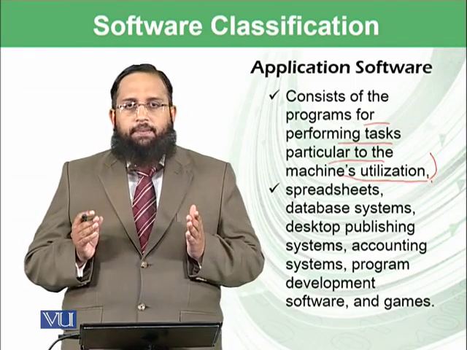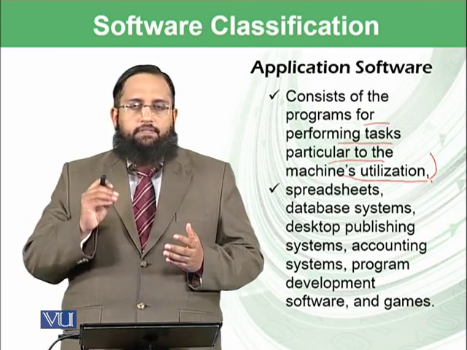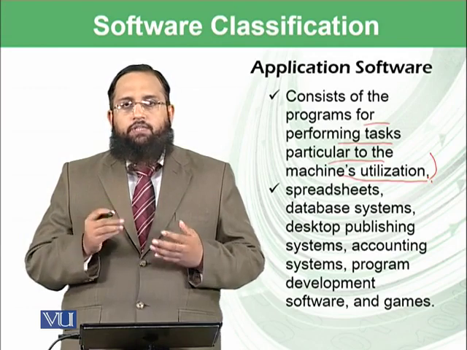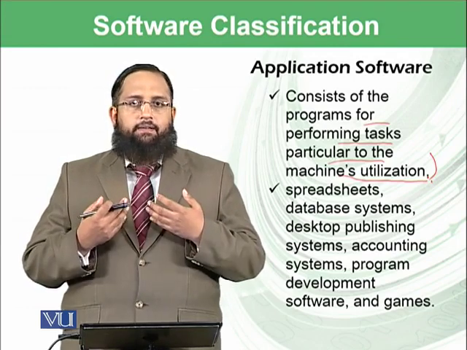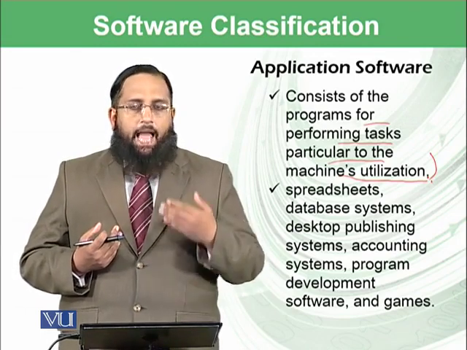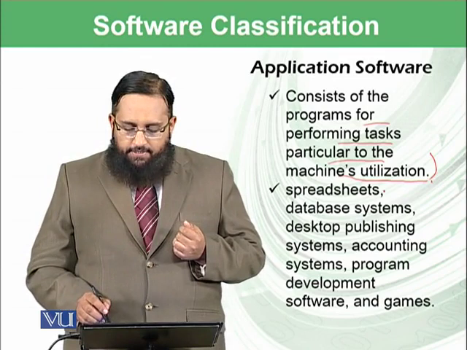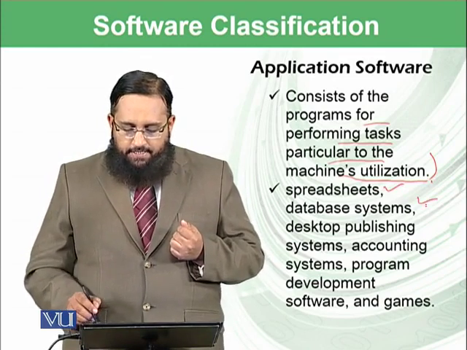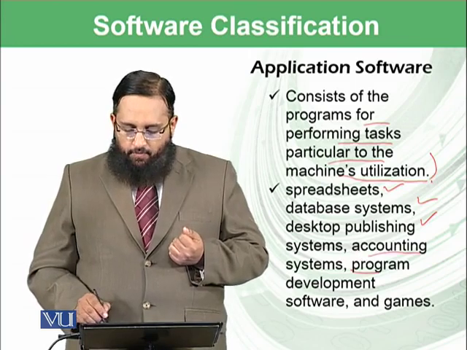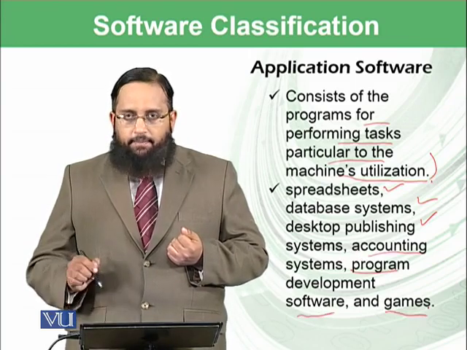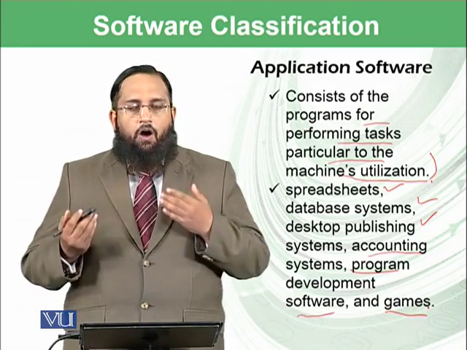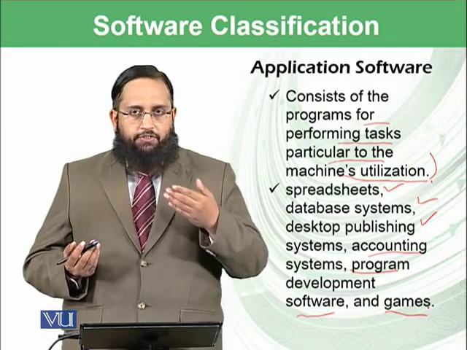All such applications which are closely related to the user needs, and which users use for their needs and requirements, are categorized as application software. We have discussed that spreadsheets, database systems, desktop publishing, accounting systems, program development software, games, internet browsers, etc. are all examples of application software.